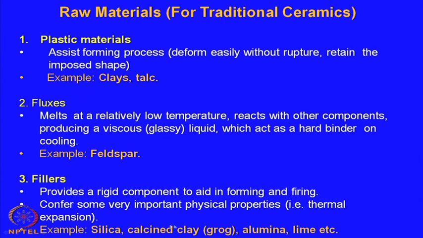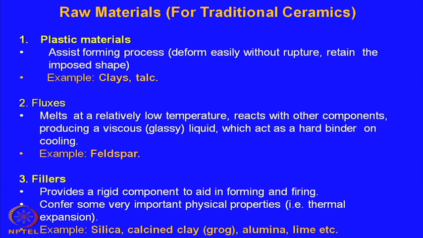These are brittle materials, do not have plasticity, but provide the strength to the body or to the product which you are trying to make. So, these are three different raw materials primarily used for traditional ceramics.